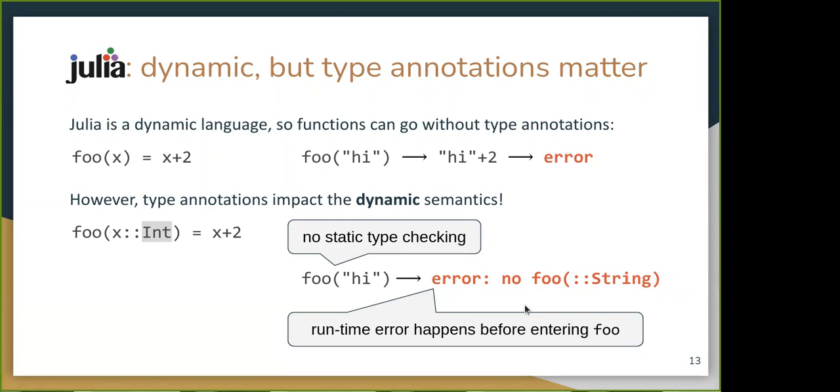So we still get a runtime error, but first, it happens earlier. We're not going to enter the body of the definition of the function, right? It does know the types at runtime, and it prevents us from calling this foo for integer with a wrong argument.